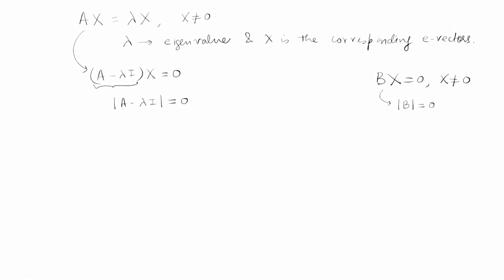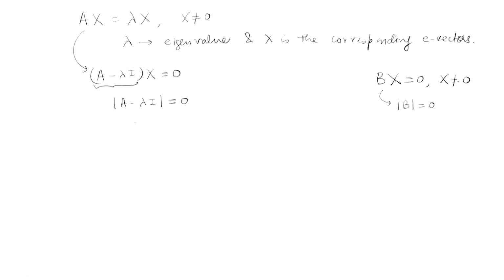So, this expression, determinant of A minus lambda I equal to 0, gives a polynomial in lambda, and that polynomial in lambda is called the characteristic polynomial. And what is the degree of that polynomial? The degree of that polynomial is the order of the matrix.